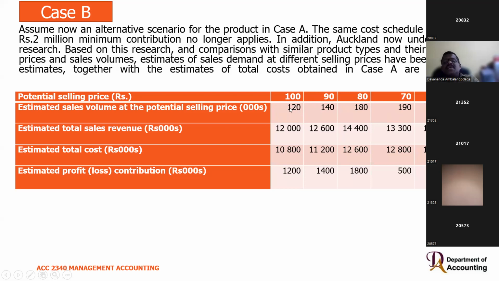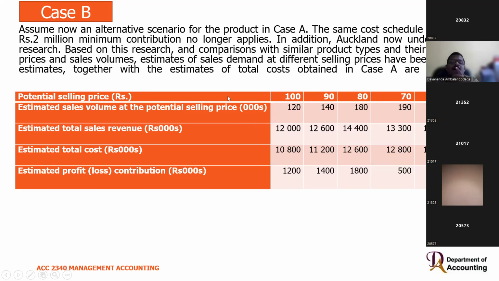So you see, if the price is 120, you can sell only 100,000 units. If the price is 190, of course, you can sell 70,000. That's something you may find based on the research data.